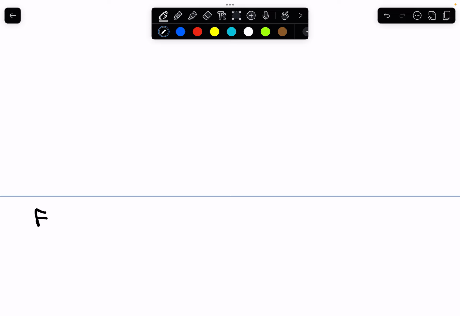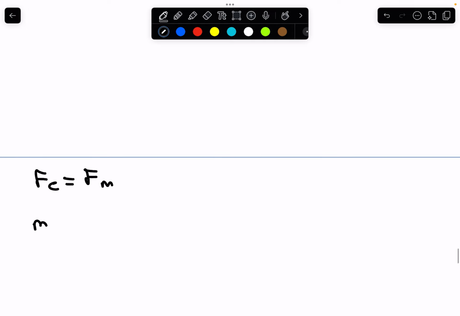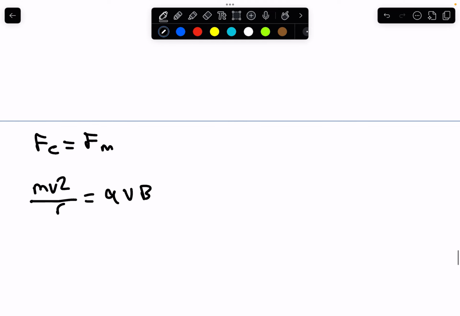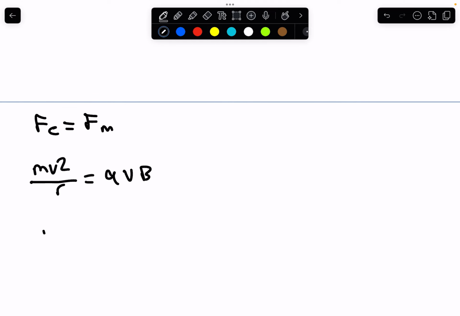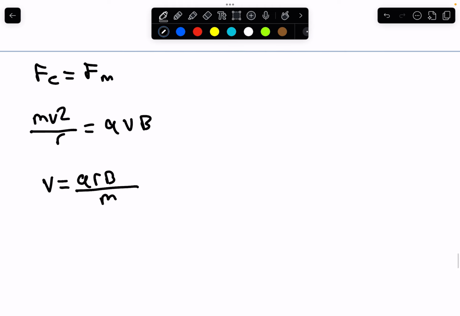We equate the centripetal force Fc equals the magnetic force Fm. So mv squared over r equals qvB. Okay? So if you rearrange for v, we get v equals qrB divided by m, and v equals 2 pi r over T equals qrB over m.